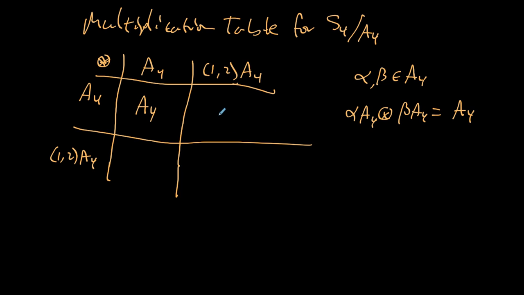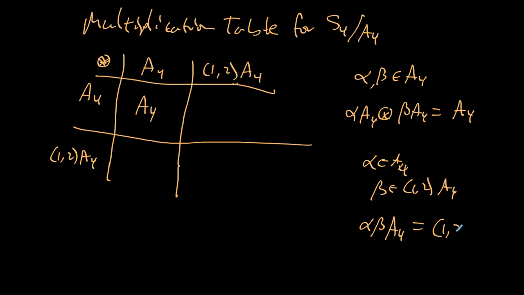And if we have alpha in A4 and beta in the other coset, we've already seen that this particular product is just going to be the group of odd permutations.